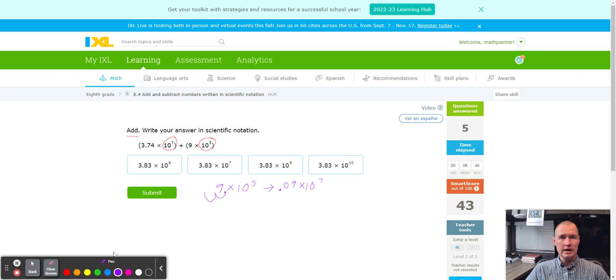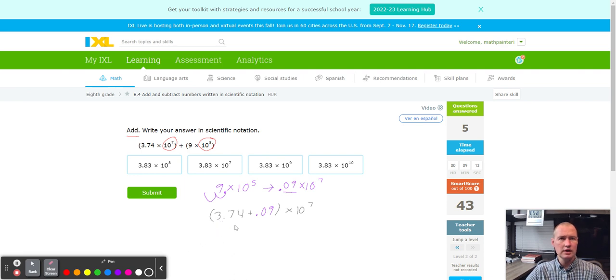All right, so now we got our original 3.74 plus 0.09 that came from here, and we have 10 to the 7th. So now our exponent size is 10 to the 7th power there, and add them up.